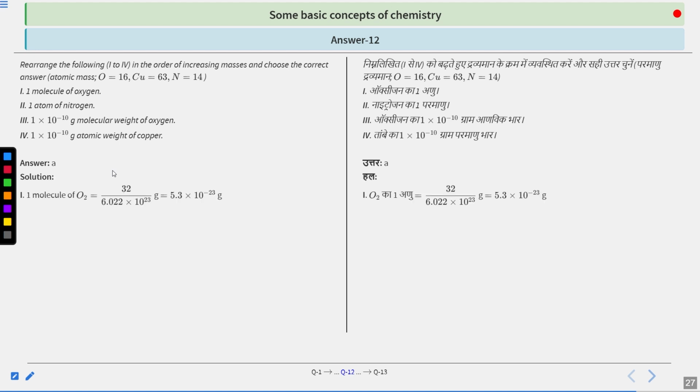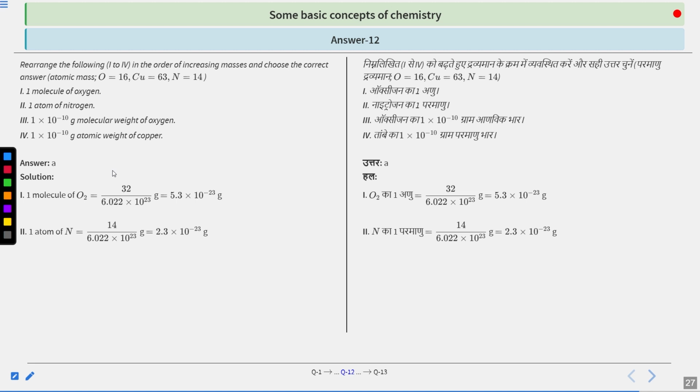So for 1 molecule of oxygen, it will simply be 32 by 6.022 into 10 to the power 23 grams, because 1 mole of oxygen molecules is 32 grams, and there are Na number of molecules in it. Therefore, for one molecule, it will be simply 32 by Na, that is 5.3 into 10 to the power minus 23 grams.